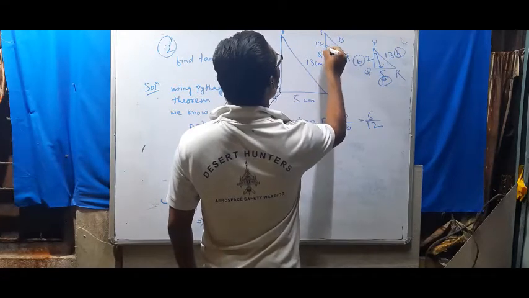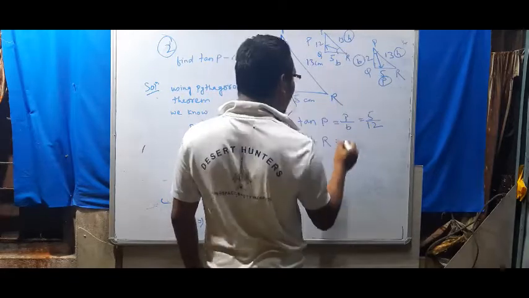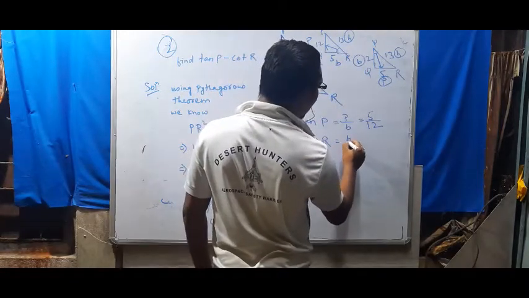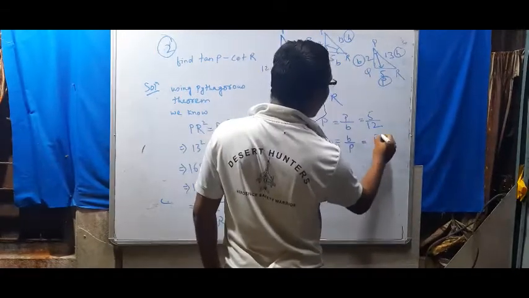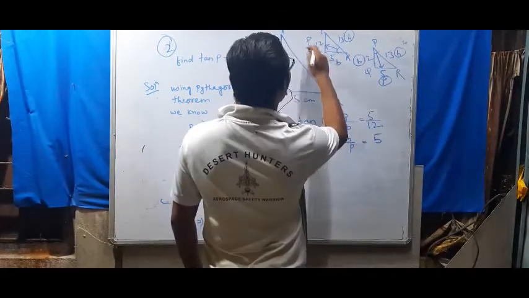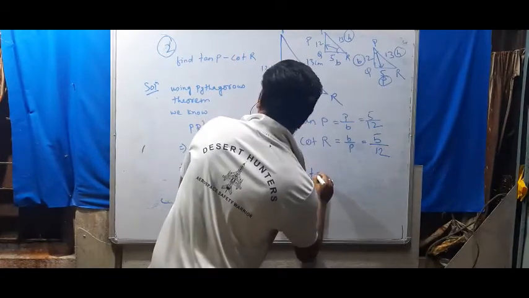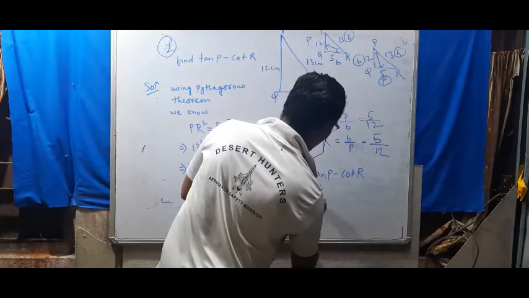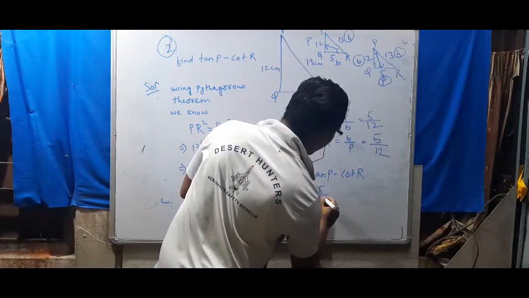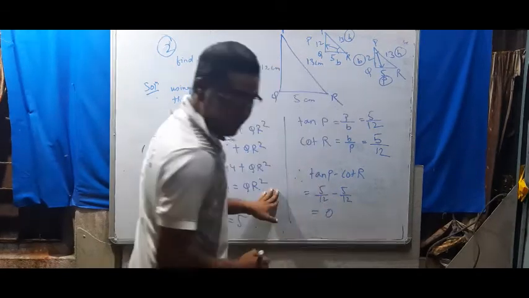This is the perpendicular, this is the base, this is the hypotenuse. And cot R means B by P. So B is equal to 5 and P is equal to 12. Therefore, tan P minus cot R is equal to 5 by 12 minus 5 by 12 is equal to 0.